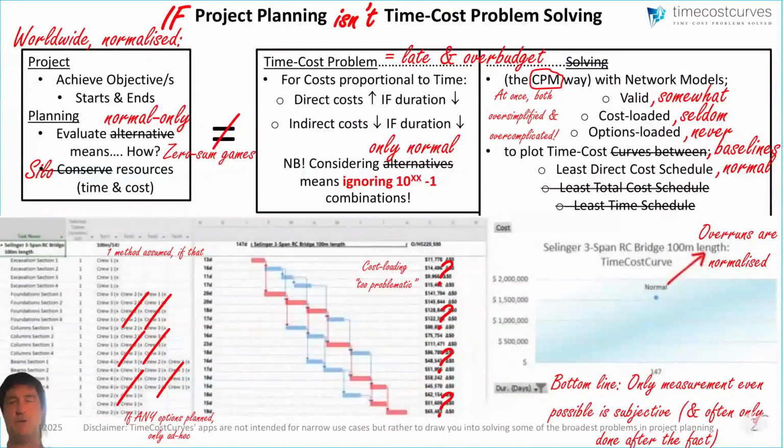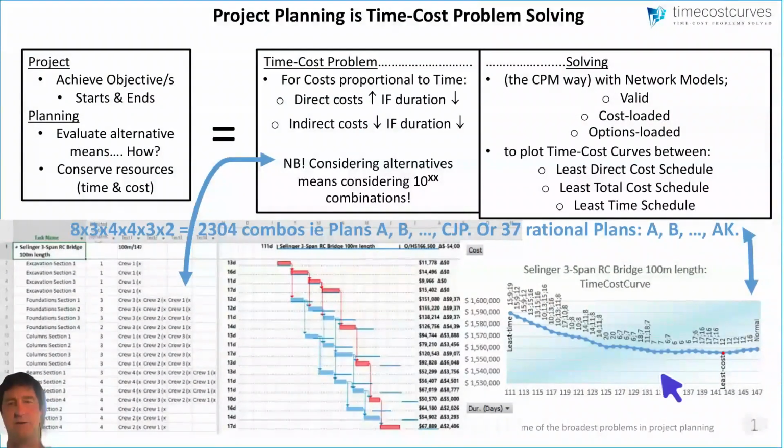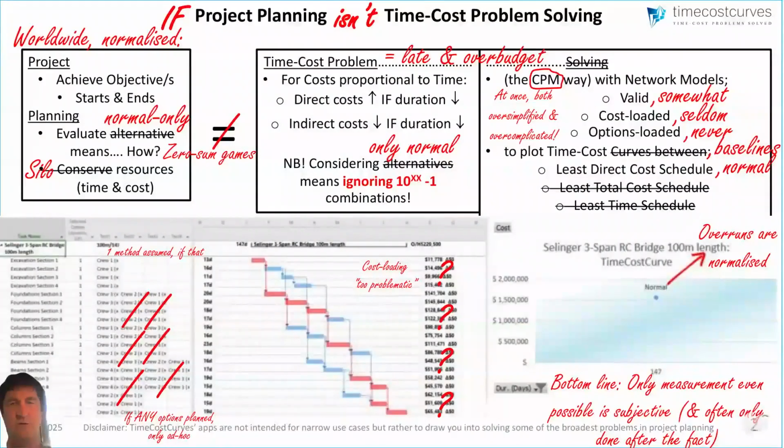Okay, so you're plotting only baselines, whereas going back to this graph, you can see we had 37 potential baselines, which you then get to choose from. You're only working on the normal schedule. Overruns are normalized, I would say.